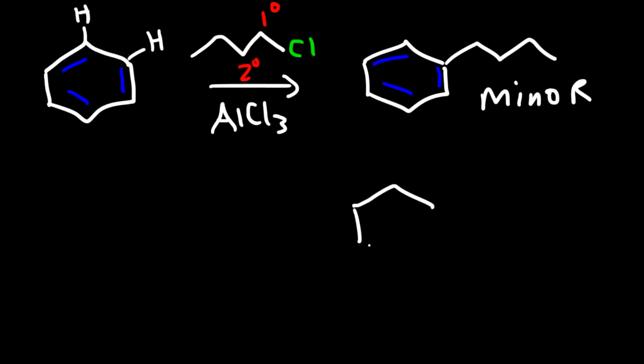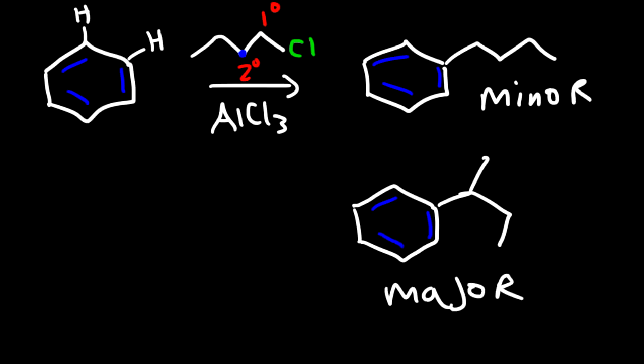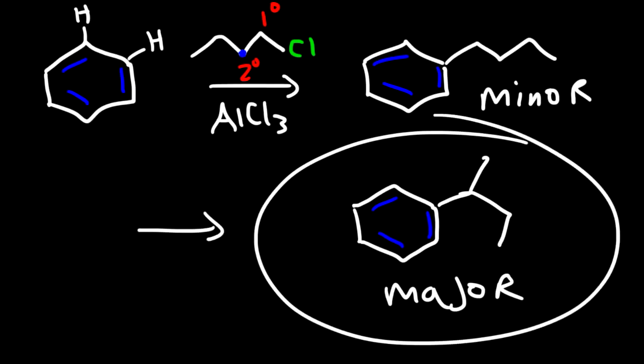The major product is going to be this, where the benzene ring is attached to this carbon. So if we attach it here, we have an ethyl on the left and a methyl on the right after you kick out the Cl group. So the major product will look like this. So this is the answer you should put on a test.